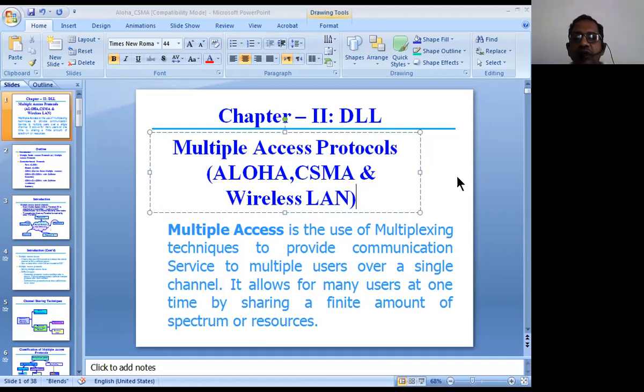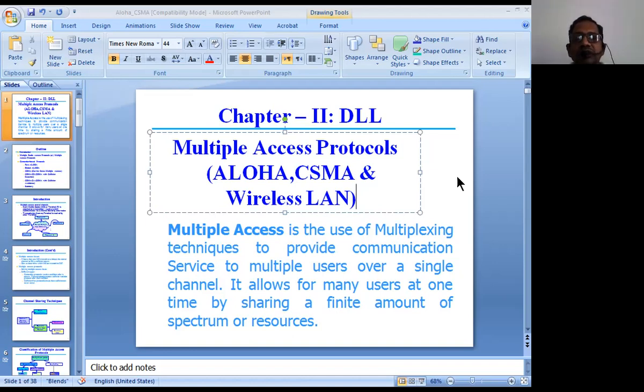In that scenario, we prefer multiple access techniques. This protocol speaks about how we use the shared resource by using the multiple access protocols, which are Aloha, CSMA, and wireless LAN protocols.